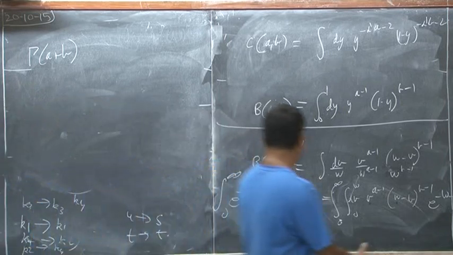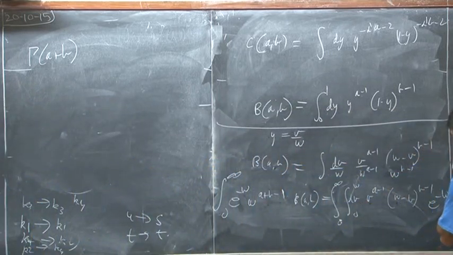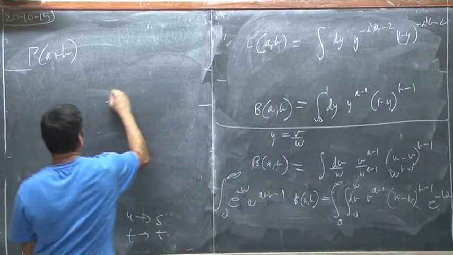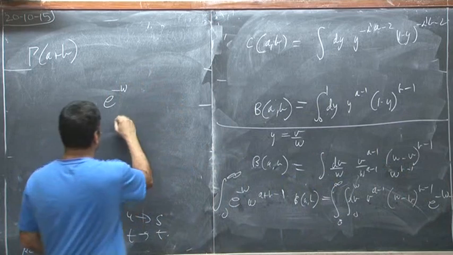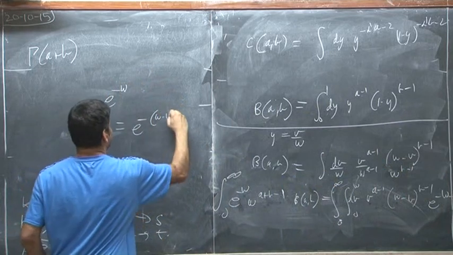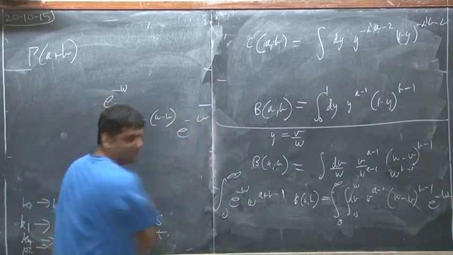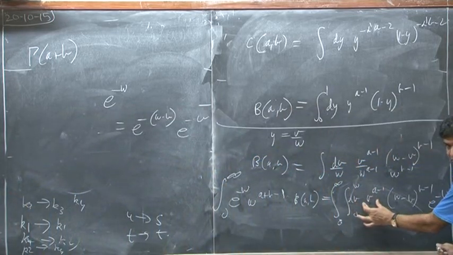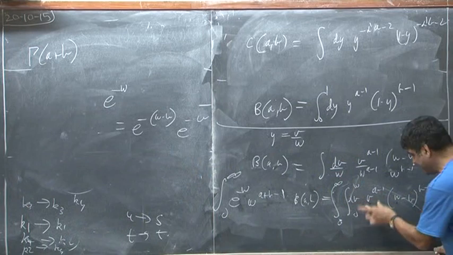And then each of them becomes a gamma function, because what we had was e to the power minus w, which you can write as e to the power minus (w minus v) times e to the power minus v. So this e to the power minus w was the exponential needed to get a gamma function for each of the two things.